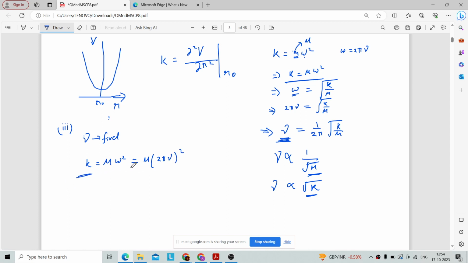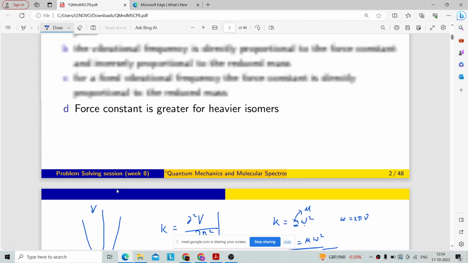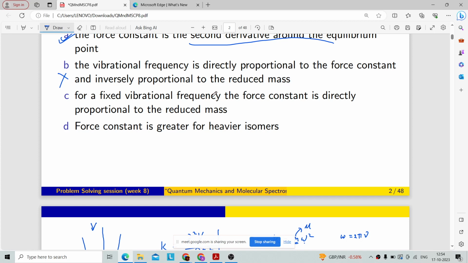So k is directly proportional to mu. So for fixed vibrational frequency, force constant is directly proportional to reduced mass is correct.